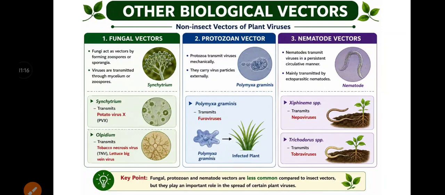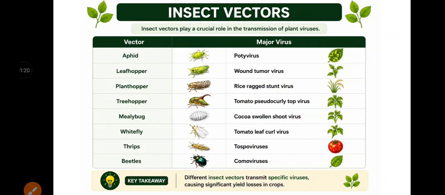Around 80% of the viruses are transmitted by insect vectors, and more specifically by the homopteran insects, the sucking pests, that include aphids, jassids, hoppers. Just remember, here I have given some examples only.